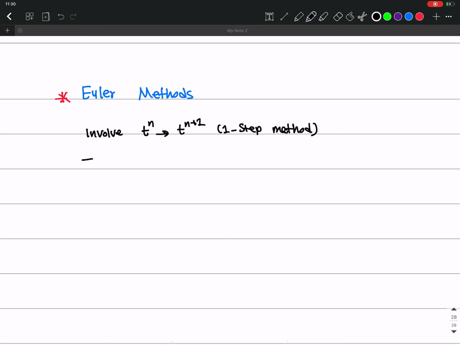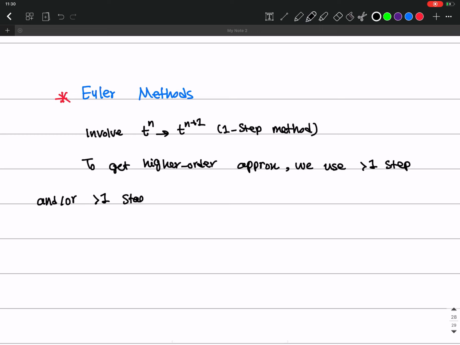But to get a higher order approximation, we use greater than one step, so we use more steps in time, like rather than Tn, we can go to Tn minus 1, Tn minus 2, and other steps, or greater than one stage.